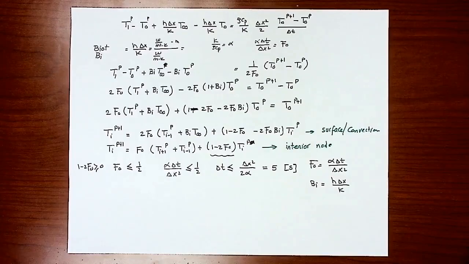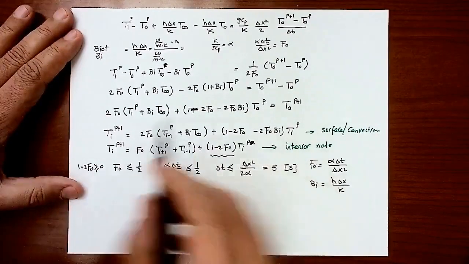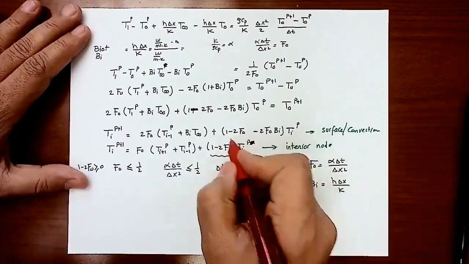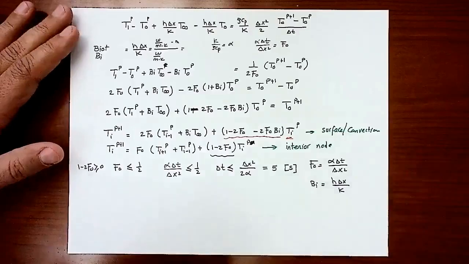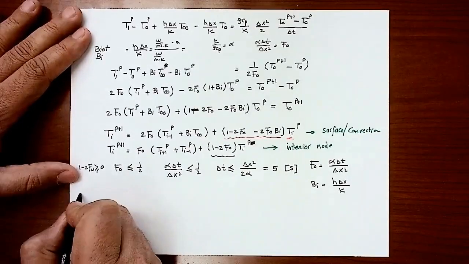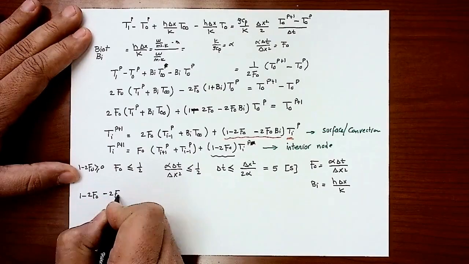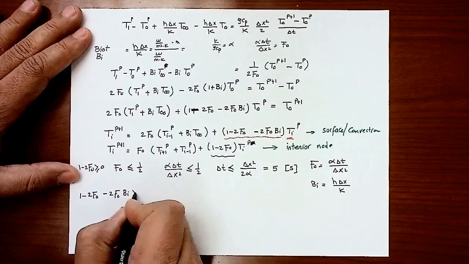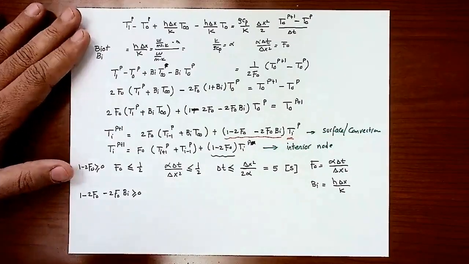But now I'm getting a different equation involved in the problem, which is this equation here. And there is a coefficient of the history of the node of interest, Ti, and this coefficient should not ever equal 0. So 1 minus 2 Fourier's number minus 2 Fourier's number Biot number should also be greater than or equal to 0. Now let's isolate Fourier's number from here.